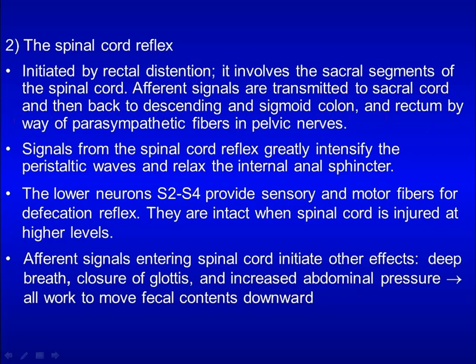Signals from the spinal cord reflex greatly intensify the peristaltic waves in the colon and relax the internal anal sphincter. The lower neurons in segments S2 to S4 provide sensory and motor fibers for the defecation reflex. They are intact when the spinal cord is injured at higher levels.